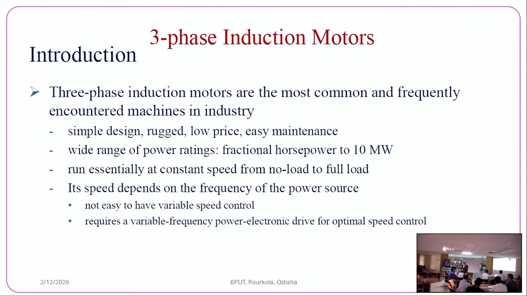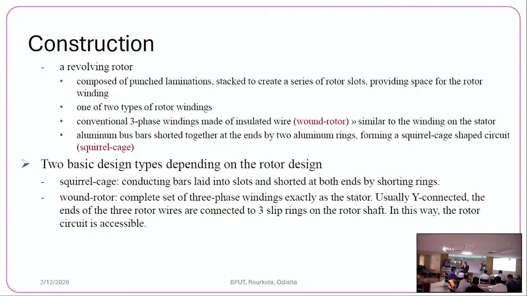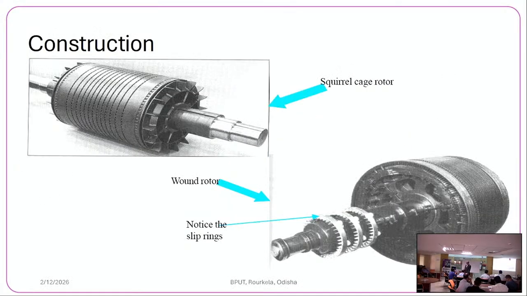The stator carries a 3-phase winding. Stator has slots on it, and it carries a 3-phase distributed winding. The rotor can have a 3-phase distributed winding on the slots like the stator winding, or it can be simply like a parrot cage, squirrel cage.